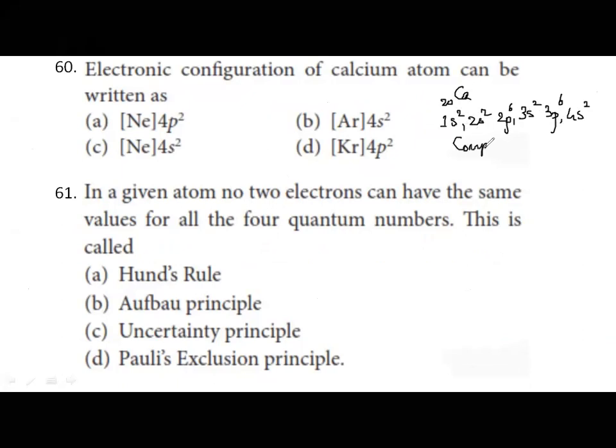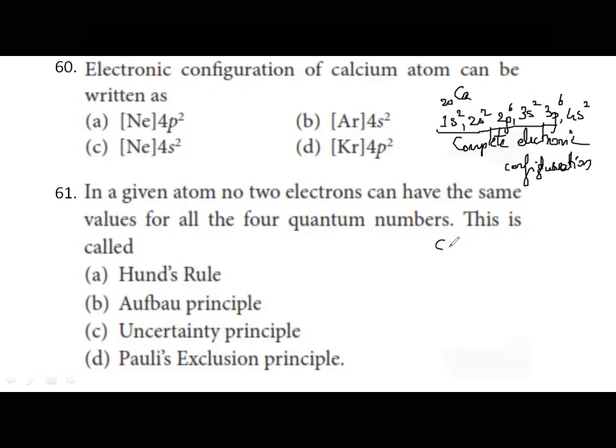This is the complete electronic configuration. But here the options given are in condensed form. How do you write the condensed form? You take the inner shells, and see the previous noble gas with atomic number lesser than 20. So it is argon. Argon's atomic number is 18: 2 plus 2 plus 6 plus 2 plus 6 is 18.